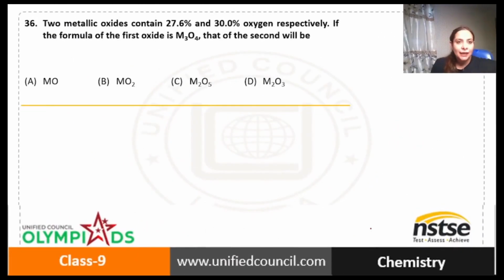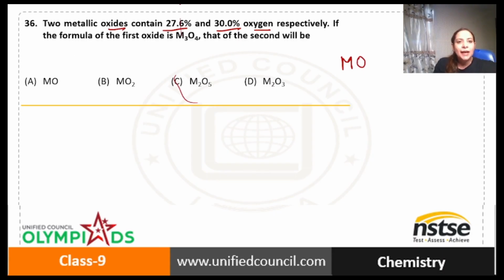Now the question says two metallic oxides contain 27.6% and 30.0% oxygen respectively. So here the question is related to percentage. We have got two metallic oxides. Let's say this is one metallic oxide and this is the second metallic oxide.